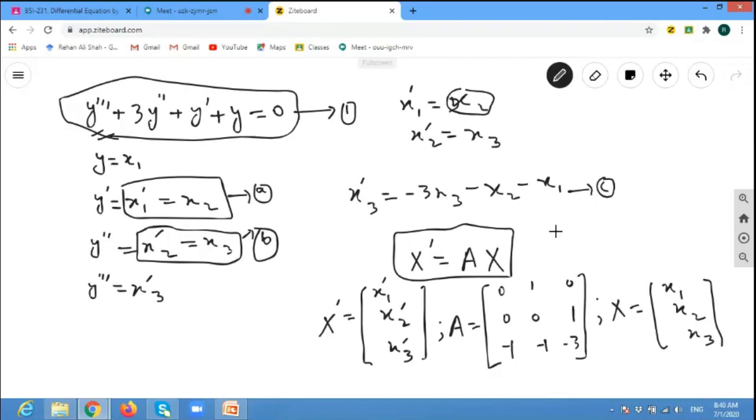So remember this point, that every homogeneous system of first order differential equation can be written in the form of x dash is equal to ax. ये clear हुआ? Yes, sir. Okay जी.